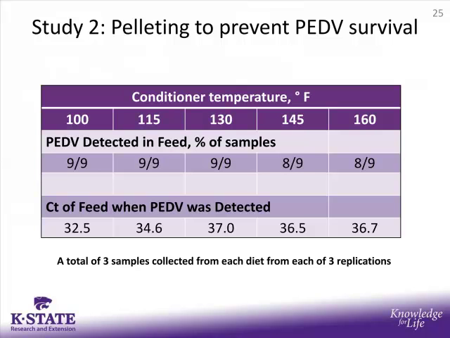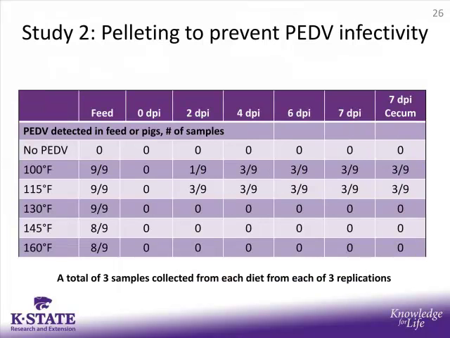As a point of reference, the unprocessed PED feed had a CT of approximately 30 or 31. We saw an increase in CT, less PED RNA being detected, up until about 130 degrees, then a relative plateau above 130 degrees, which matches up really nicely to the bioassay that we conducted.